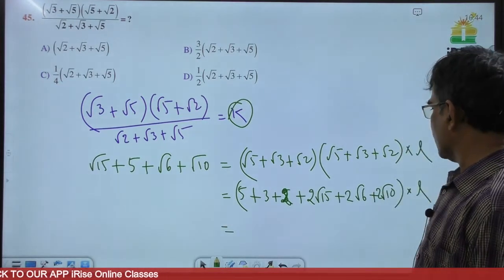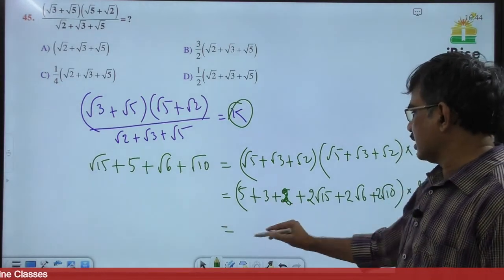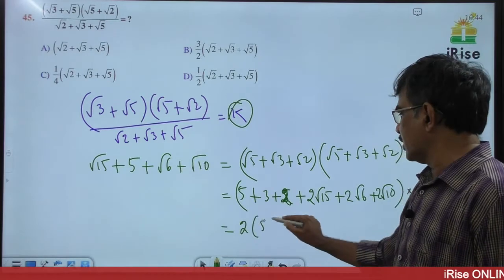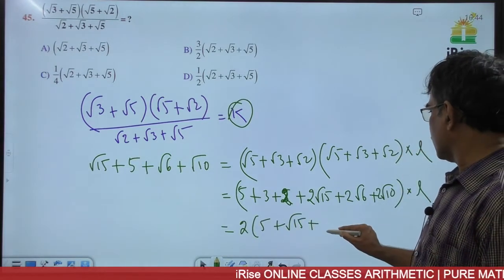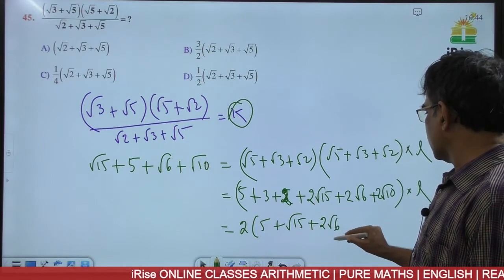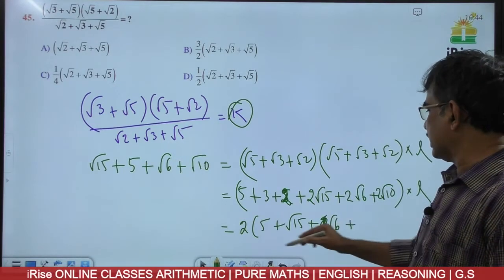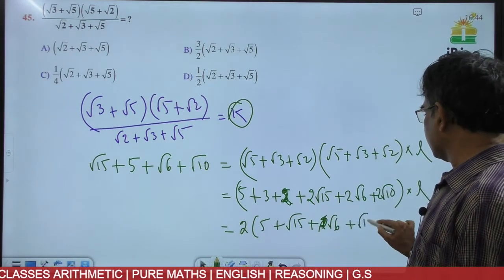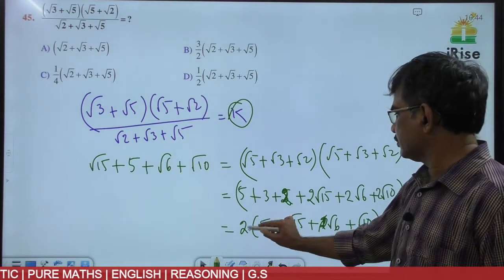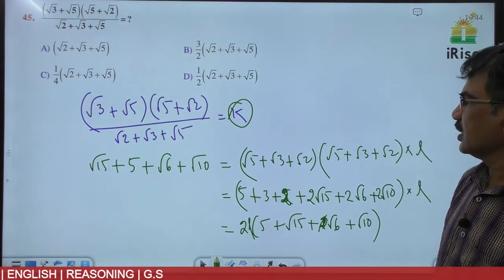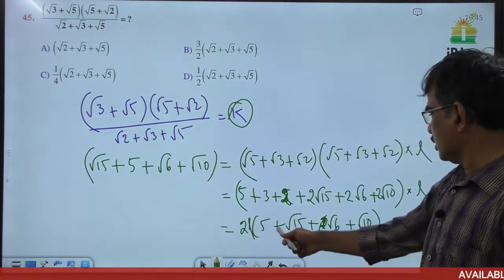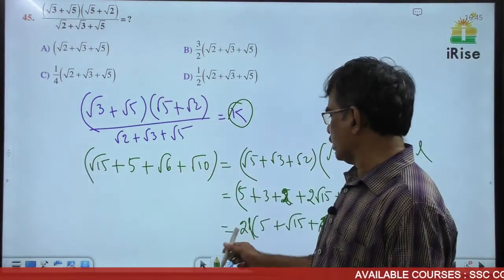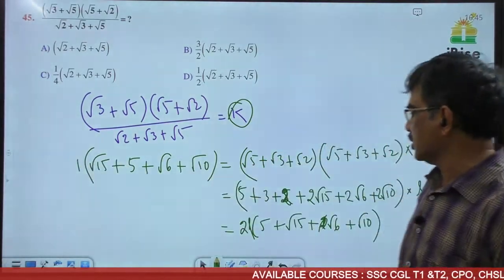This is nothing but, this is a 10. I want to take 2 common. This is 5 plus, taking 2 common, root 15 plus root 6 plus root 10, into L. See carefully, this part is the same as this part. 2L is equal to, here the coefficient is 1.